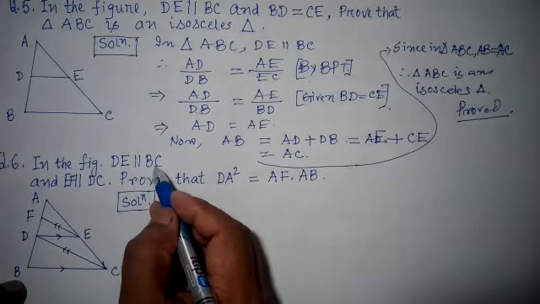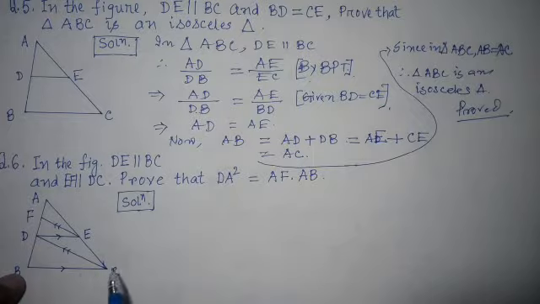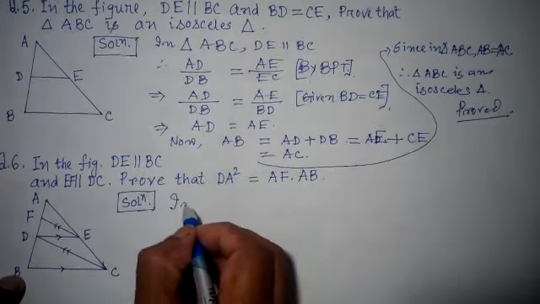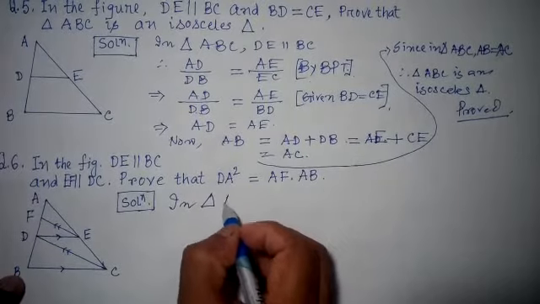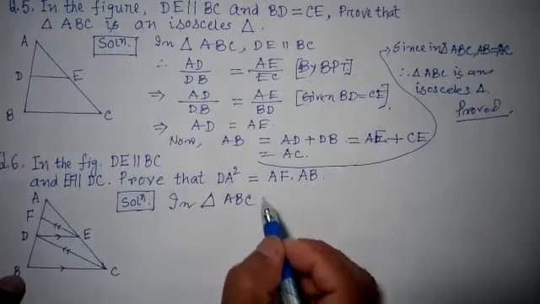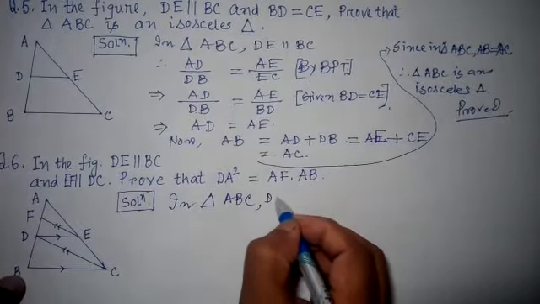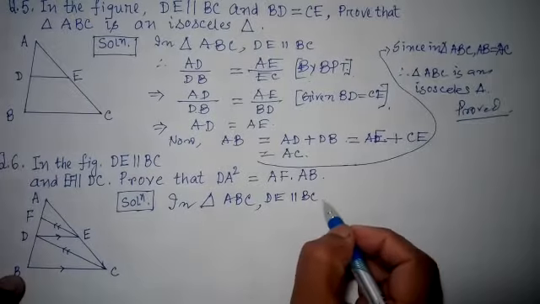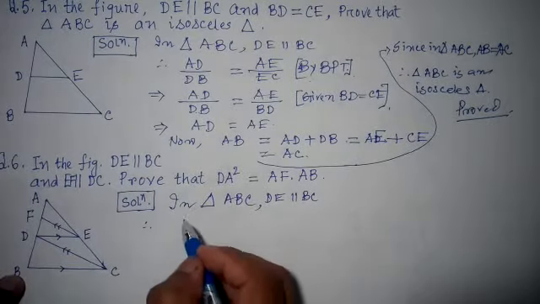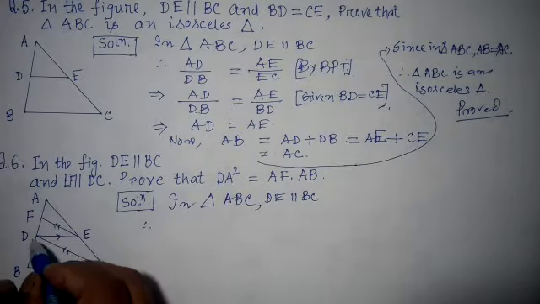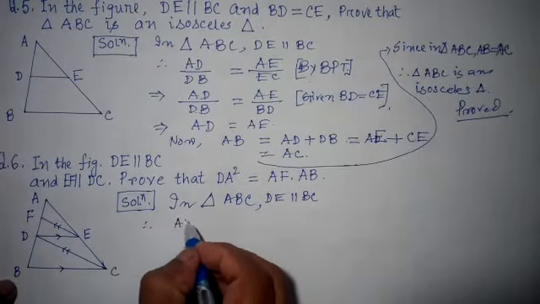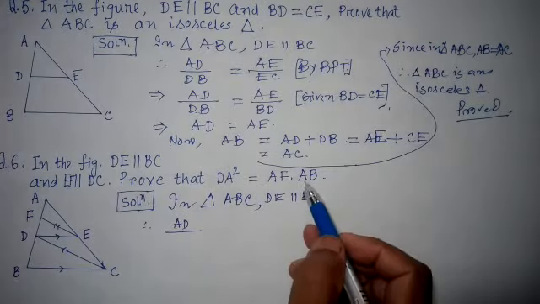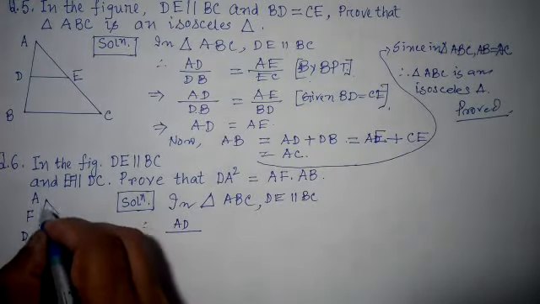See, DE parallel to BC. In triangle ABC, DE parallel to BC. So according to basic proportionality theorem, we can write AD by AB.